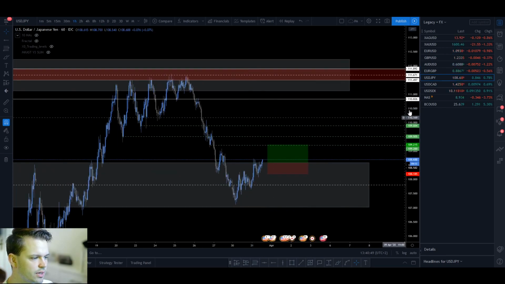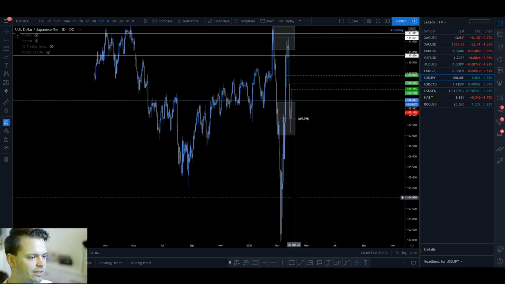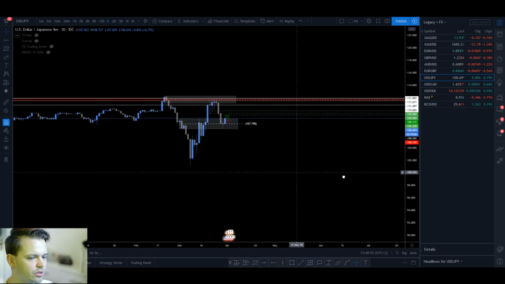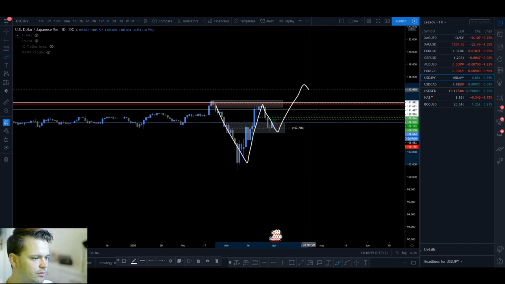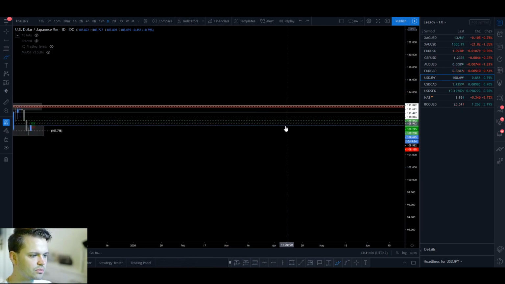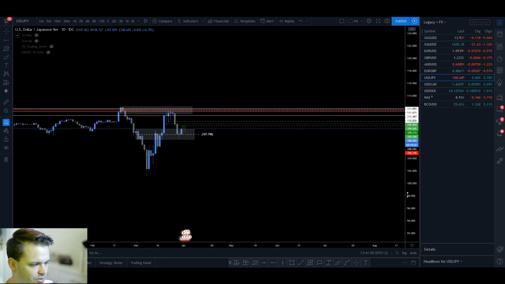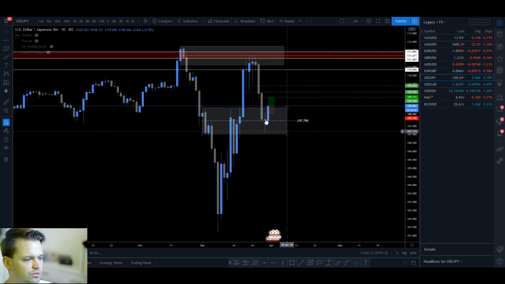Potential take profits, right? But I would like to see a continuation move here. So I'd like to see this type of move, right? I would like to see price come up and test that area. So I'm most likely not going to use all of these take profits, but I might actually have to enter this trade.